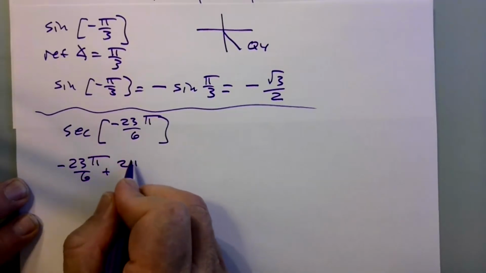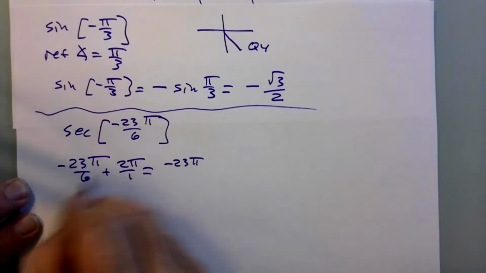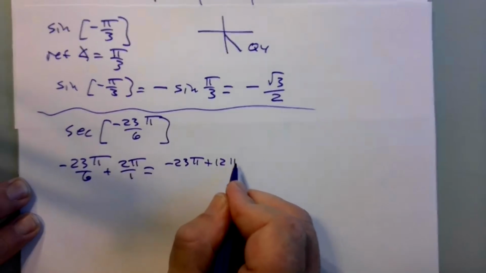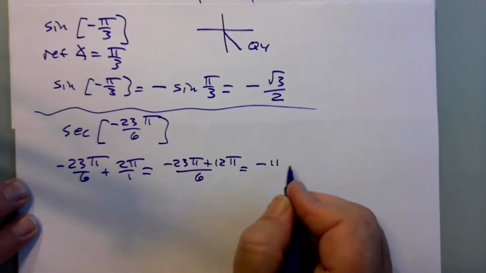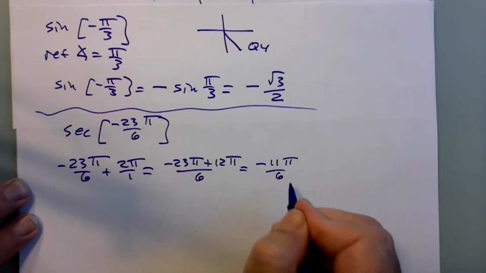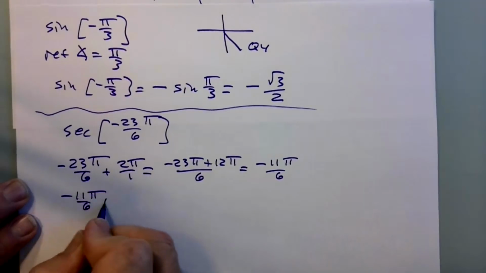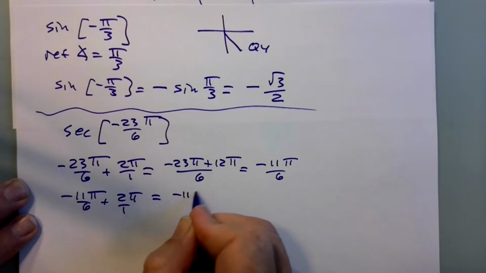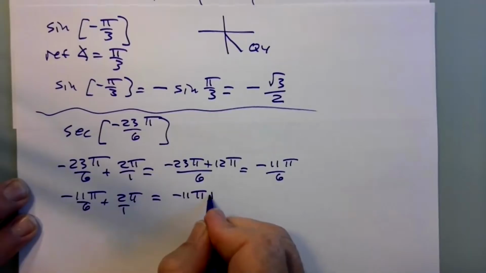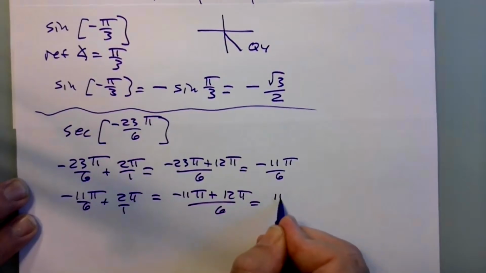Negative 23 pi over 6 plus 2 pi over 1 is negative 23 pi plus 12 pi over 6, which is negative 11 pi over 6. Well, again, let's add another 2 pi. So now I have negative 11 pi over 6 plus 2 pi is negative 11 pi plus 12 pi over 6, which equals pi over 6.